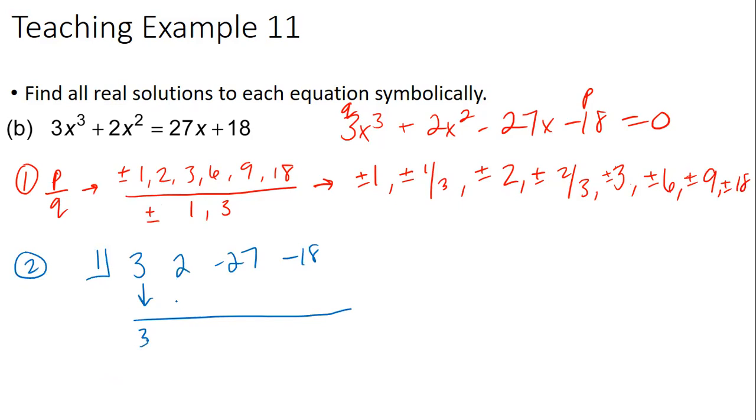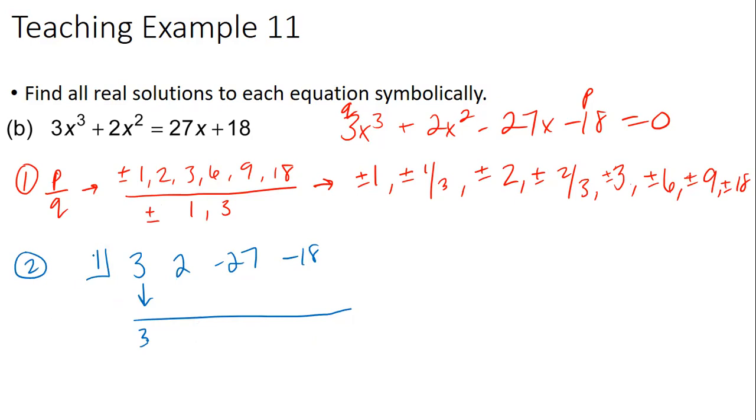1 times 3 is, 2 plus 3 is 5. 1 times 5 is, gives me negative 22. 1 times negative 22 is, does that give me 0? No. Womp, womp, womp. Erase, erase. Okay.